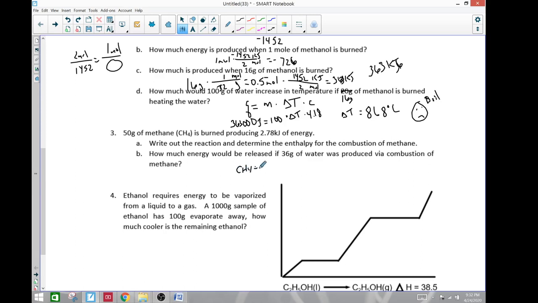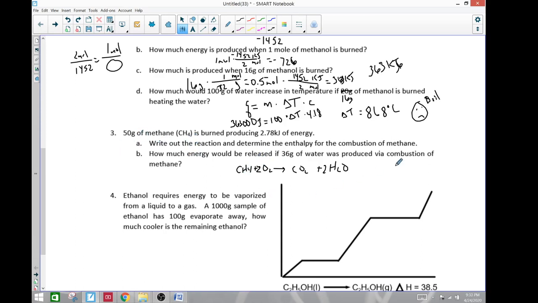CH4 plus O2 yields CO2 plus H2O. We got 2 hydrogens, so we need a 2 here. 2 and 2 is 4, so I need a 2 here. And saying here that 50, so it's balanced here, so 50 grams, let's convert that to moles.